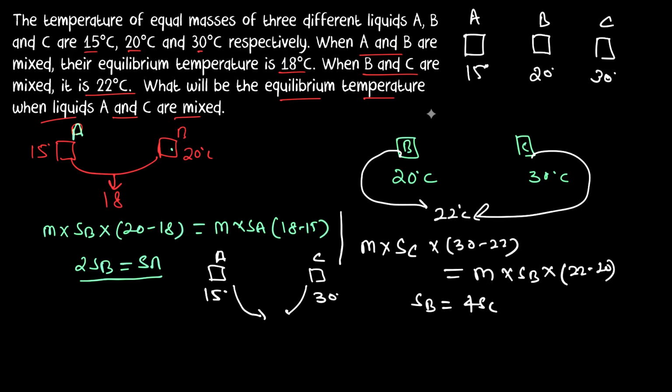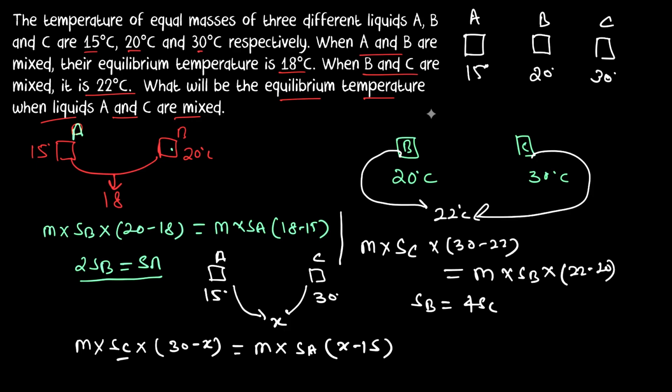Let's say the equilibrium temperature is X. So what I can write, heat loss by C is equal to heat gain by A. So what will be the heat loss by C? M into SC into 30 minus X is equal to heat gain by A, M into SA into X minus 15.